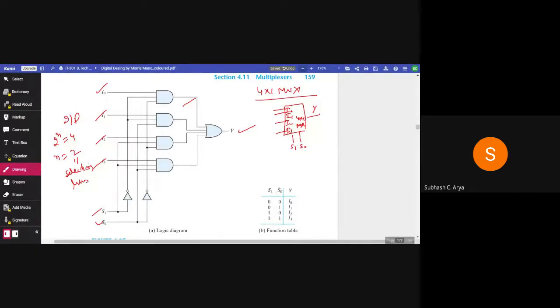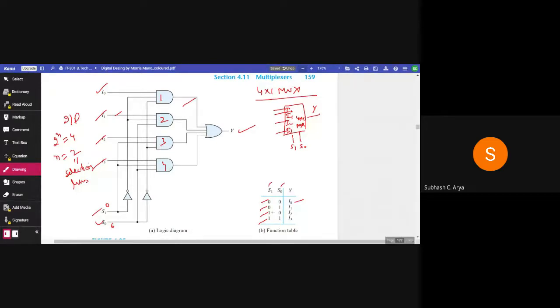Same way we can understand the functional table of this multiplexer. Here, selection lines S0 and S1, since now it is a 2-bit selection line, n is equal to 2, so total 4 positions it will take: 0 0, 0 1, 1 0, 1 1. When 0 0 is selected, you can see Y will be I0. This first line will be available here. If 0 1 is selected, then I1 will be selected, the second one. The rest will be disabled. 1, 2, 3, 4 AND gates. The first AND gate will be enabled when S0 and S1 are both 0 0, and the rest will all be disabled.